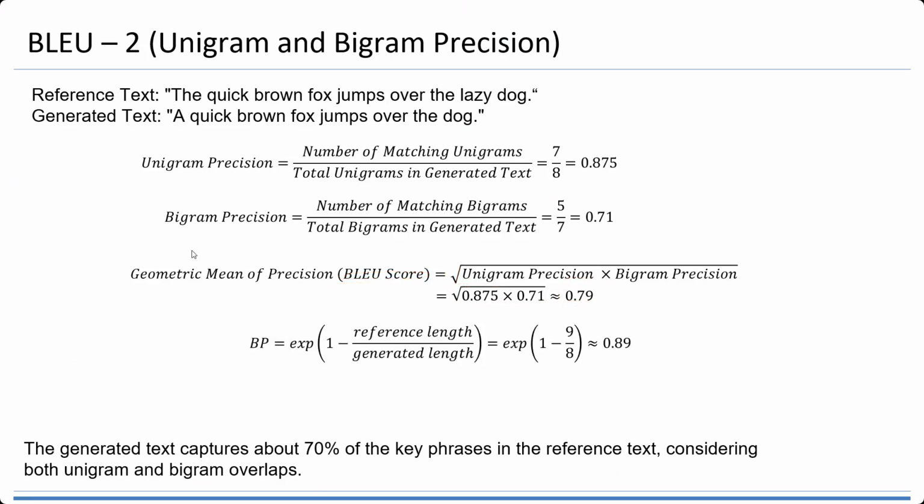And then we have the brevity penalty, which is the exponent of 1 minus the reference length divided by the generated length. For the reference length, we have 9 words, 1, 2, 3, 4, 5, 6, 7, 8, 9. And the generated length, we have 8. Then with the exponent, we get approximately 0.89.